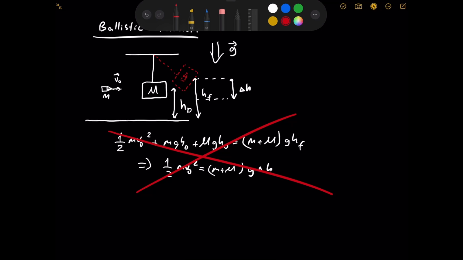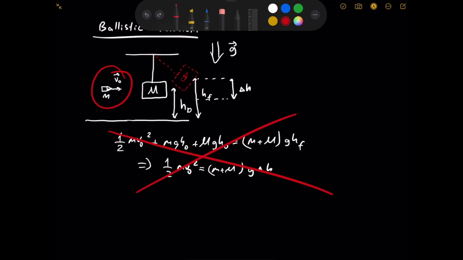It is not conserved from this point to this point because there is a collision. And energy is not conserved in all types of collision. Of course, energy is conserved in general, but I need to specify: mechanical energy doesn't need to be conserved in all types of collisions.